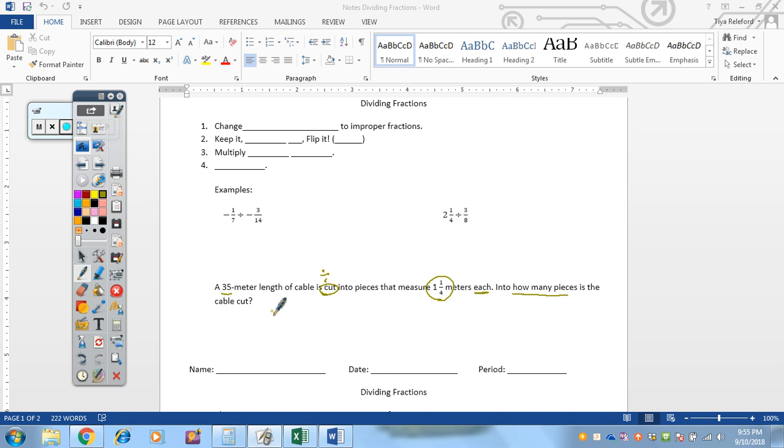So we are going to divide the length of the cable by the length of the pieces. And that's going to give me the number of pieces. So what is the length of the cable? And the length of the pieces?